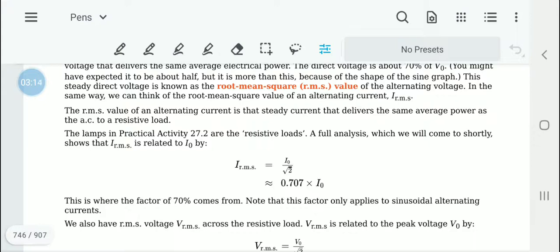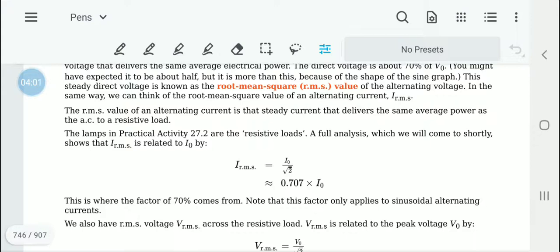Now the equation: IRMS, the root mean square of the current in relation to IO, the peak value, is the direct current that would give the same power. It is calculated by IRMS equals IO upon root 2, which gives us 0.707 into IO. That is where we get the 70% mark.